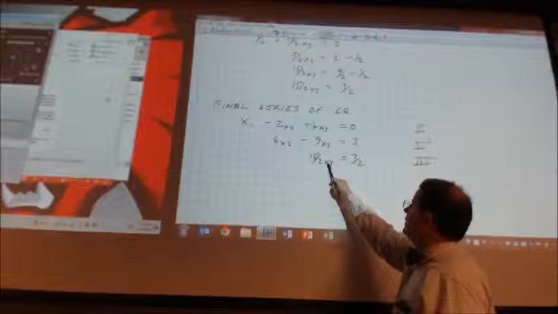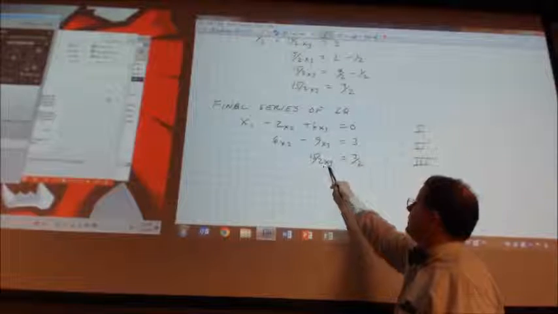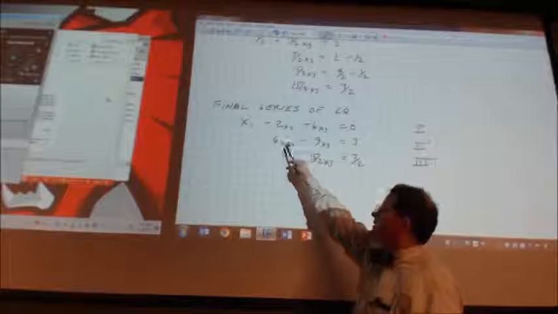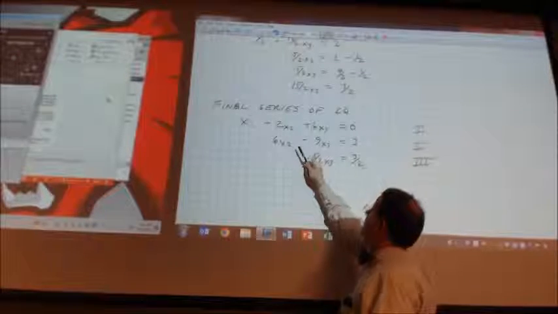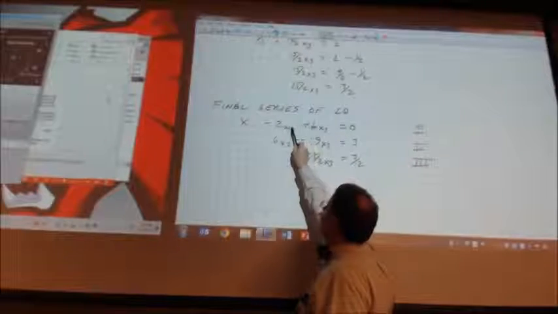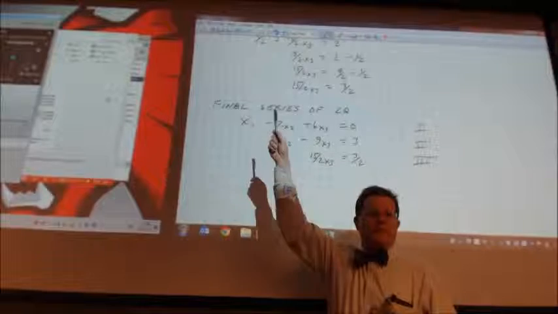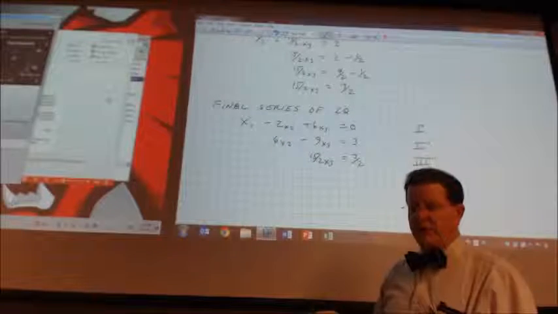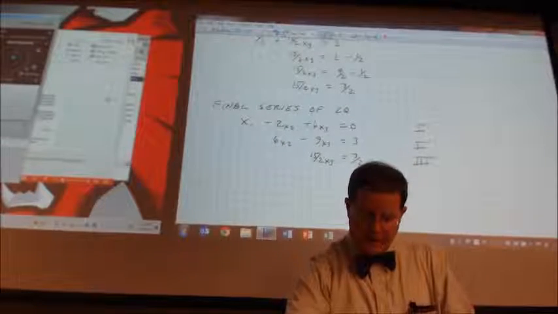So we can solve for this unknown. Once we know what x3 is, we can plug it in here, solve for x2. Once we know x2, we can plug in x3, x2, and solve for x1. Okay, so pretty straightforward, right?